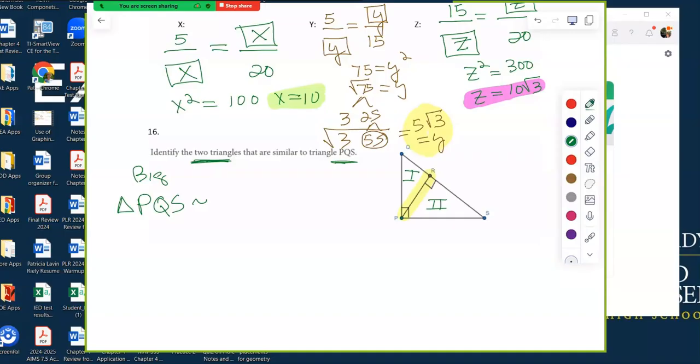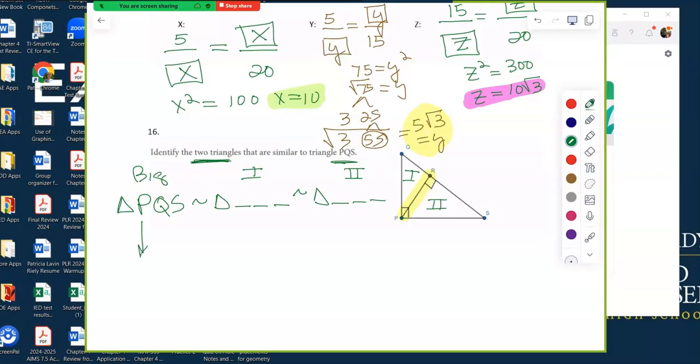The big triangle is similar to each of those triangles. I know that, but I want to make sure I get the letters in the right order. So I'm going to tell you how to do that. Okay, first off, find the right angle in the big triangle.